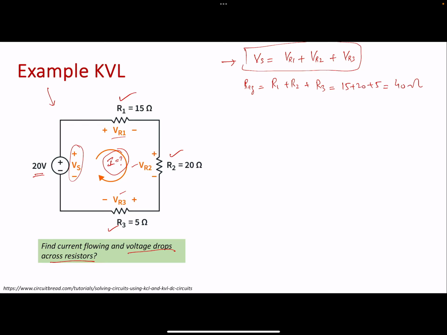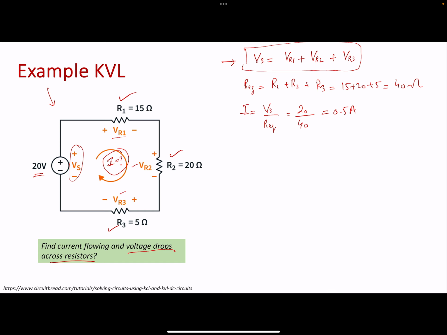If R equivalent is 40 ohms and Vs is 20 volts, I can easily find the current flowing in the circuit, which is 20 divided by 40, 0.5 amperes.